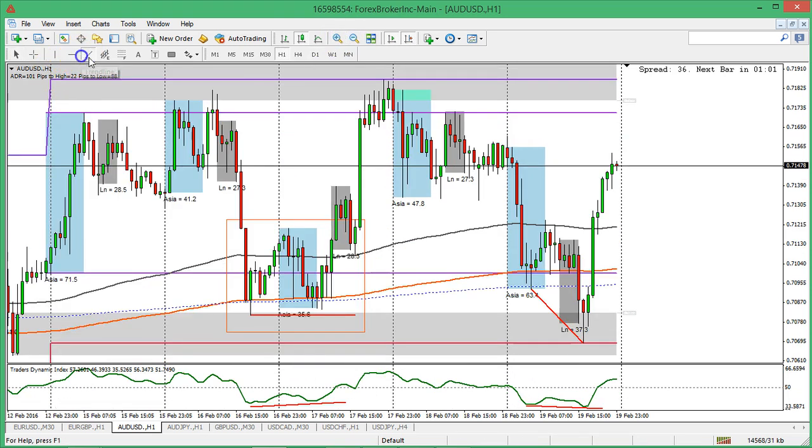So right here, I see more divergence. Right here, price made a higher high. Make sure to match up this trend line. See right here, price made a higher high, but as you notice on the RSI line, it's slightly falling.